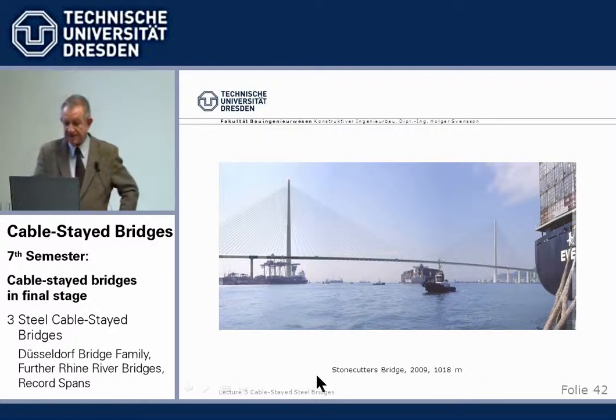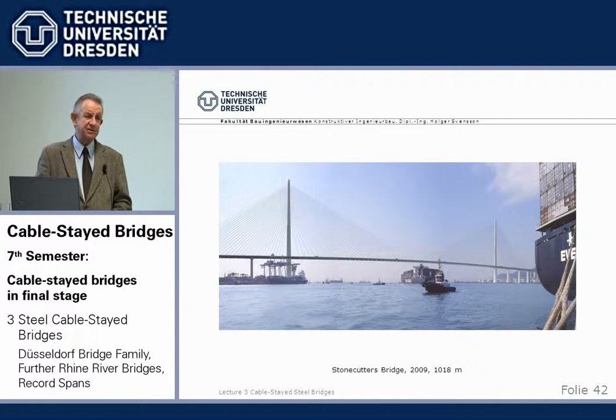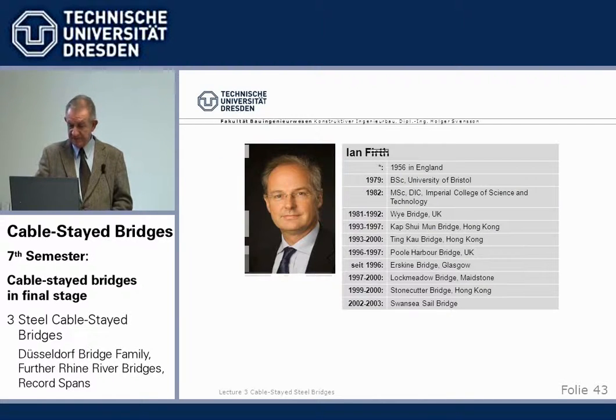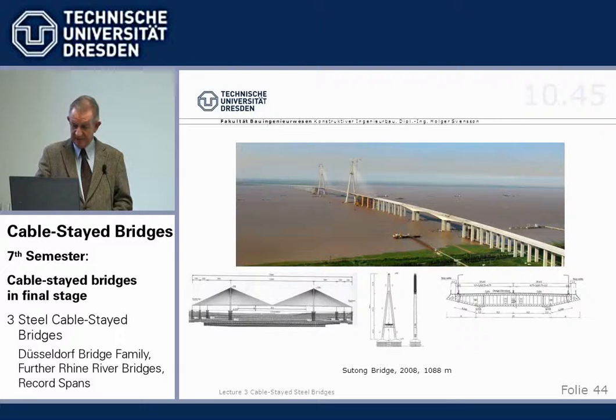Then came Stonecutter. During the design phase, it had the world record with 1,018 meters. We will see it later under the heading construction of the Stonecutter bridge. As it happened, Ian Firth, a friend of mine, was the guiding spirit behind the original design. And then the Chinese with the Sutong Bridge.